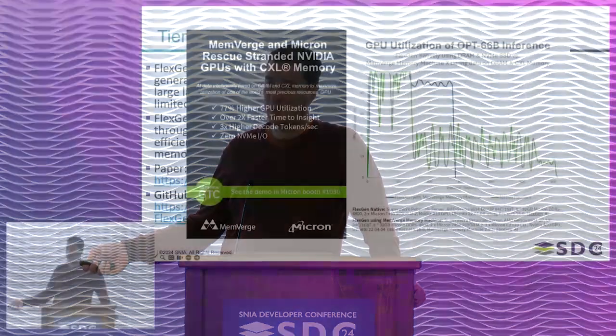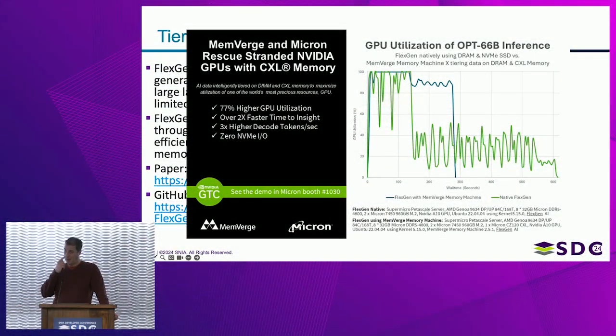Any other questions? That FlexGen study you showed, are you preloading the data? Yes, it's preloaded and warmed up. That's why there's nothing before this huge spike to get me up close to 100%. The data's already paged in effectively up to a point.